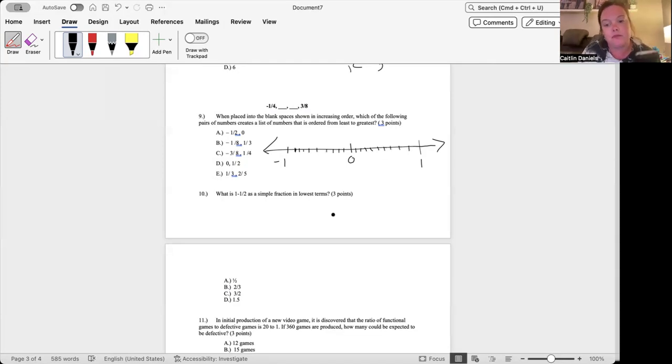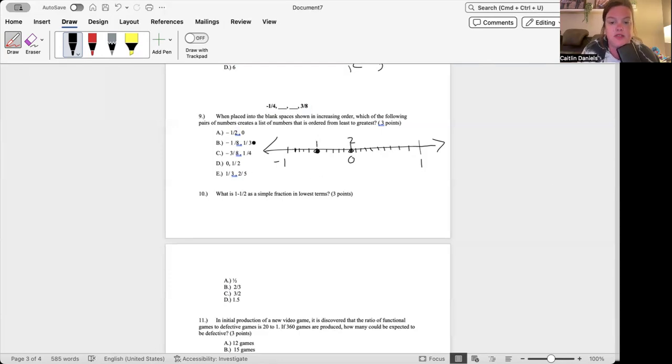Okay, so using our number line, -1/2 is going to be right here. And then we got 0 right here. So this was our first number, this is our second number.